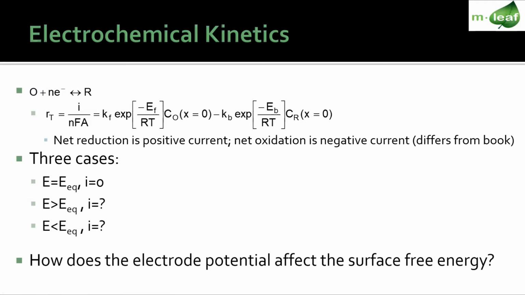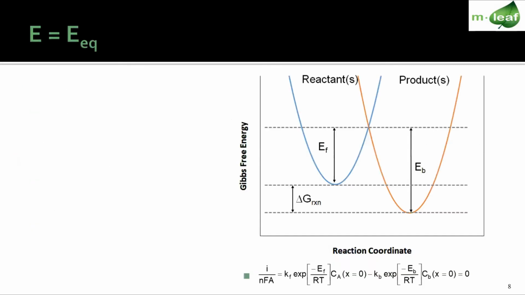And hopefully this will make sense. And the start of this is thinking about how potential and free energy are related to each other. So here's the case where the potential is the equilibrium potential. And you'll notice this looks exactly like the chemical case, and that's because it is. When you haven't applied a potential to the cell or deviated from the equilibrium potential, nothing has changed.